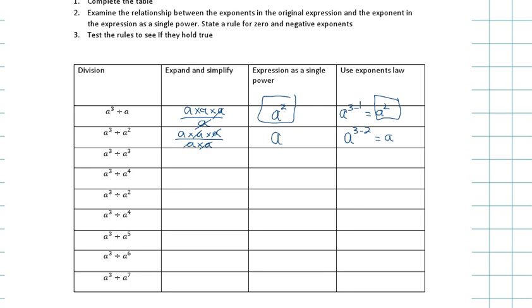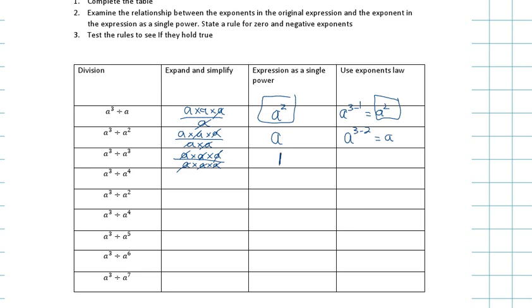Okay, a to the power of 3 divided by a to the power of 3. What do I get? Gone, gone, gone. So that is 1.